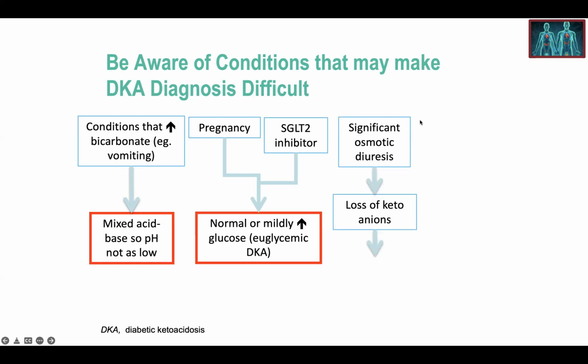And in patients who have significant osmotic diuresis, well, anybody who is hyperglycemic will have osmotic diuresis. I like to remind you of the commonality of the word diabetes, so don't get upset, okay?